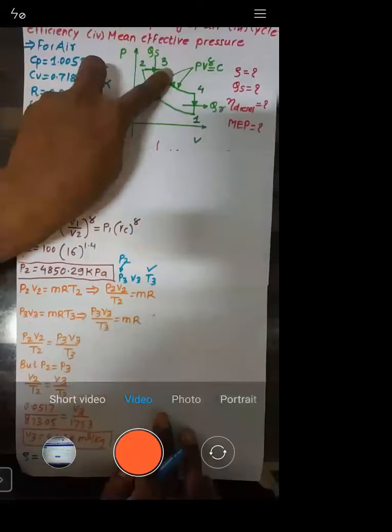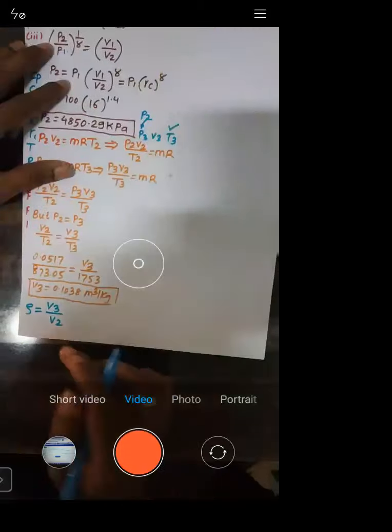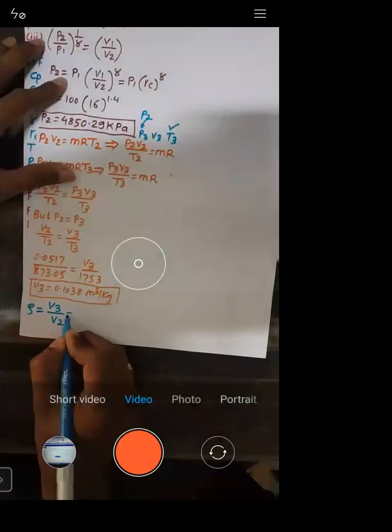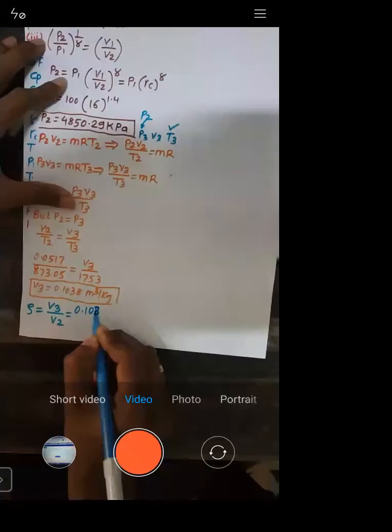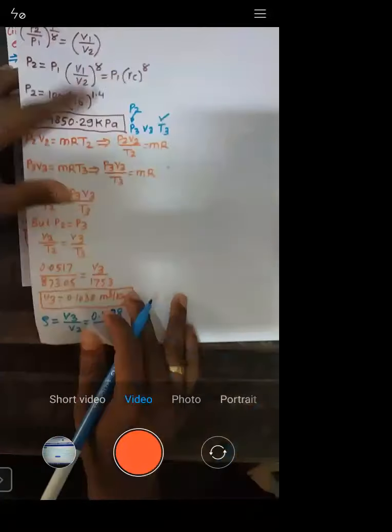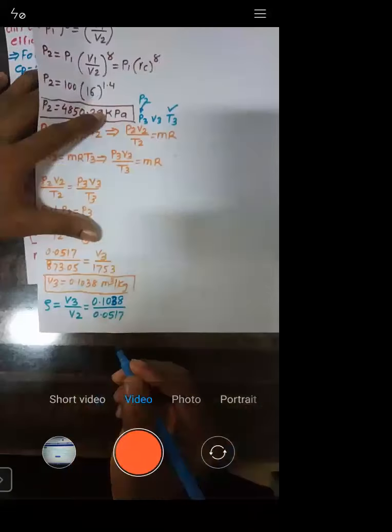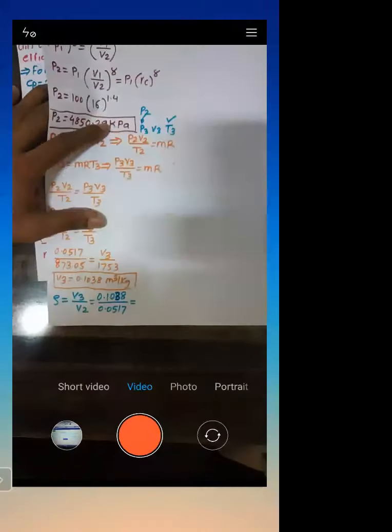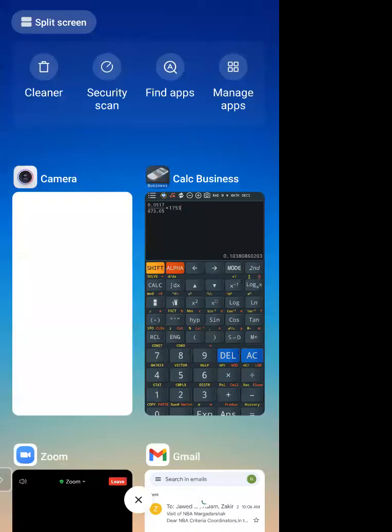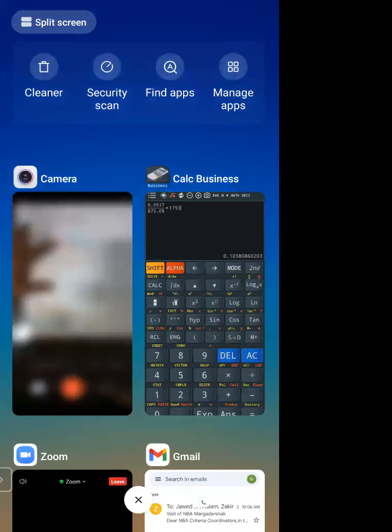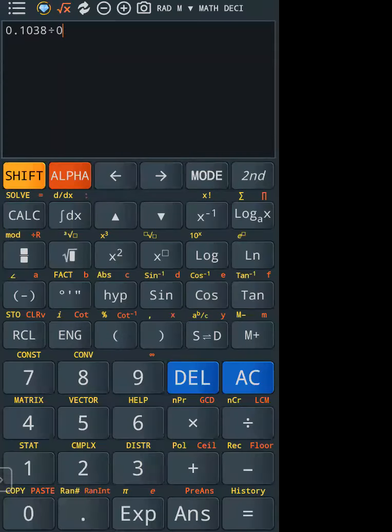So the value of V3 is known, 0.1038, and V2 is 0.0517. So let us calculate the cutoff ratio. The cutoff ratio is 0.1038 divided by 0.0517.